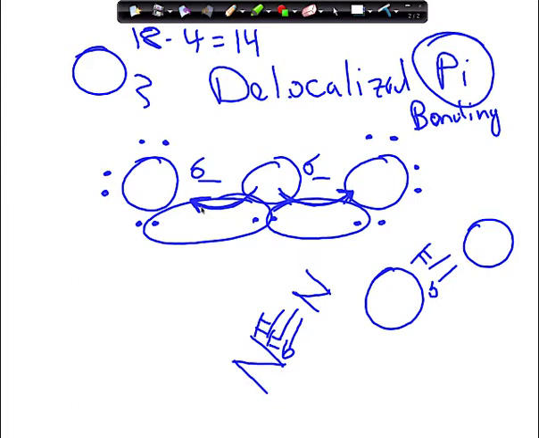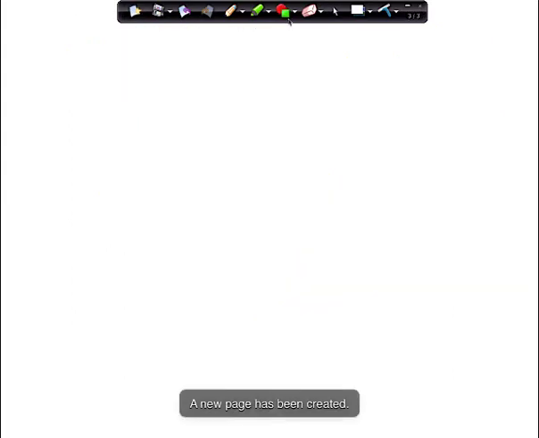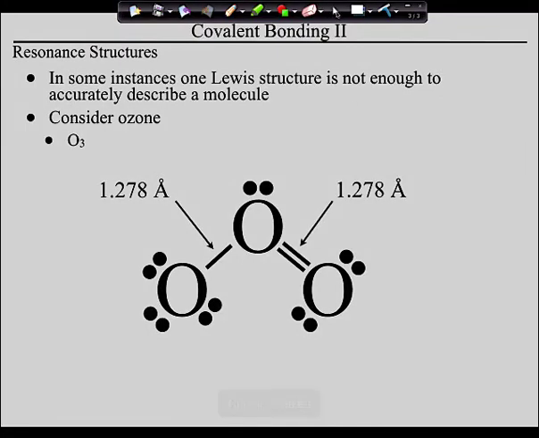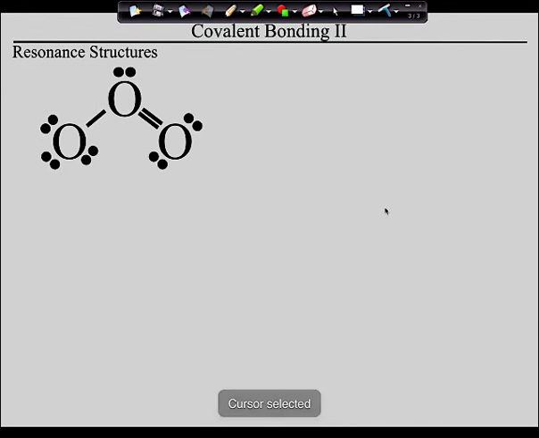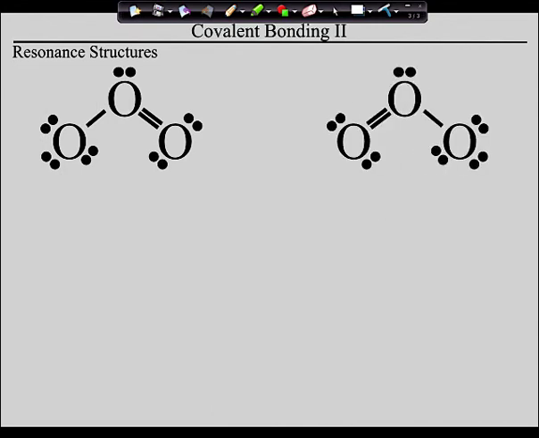Okay, so let's bring this together and talk about how we're going to represent this, because this is important. These are the two structures that can exist for ozone. You want to write these down, because you guys know that the AP gods drive me nuts, with the level of detail that they expect.